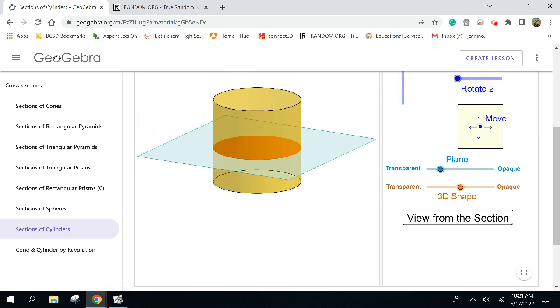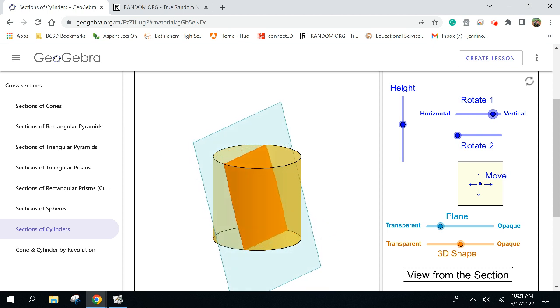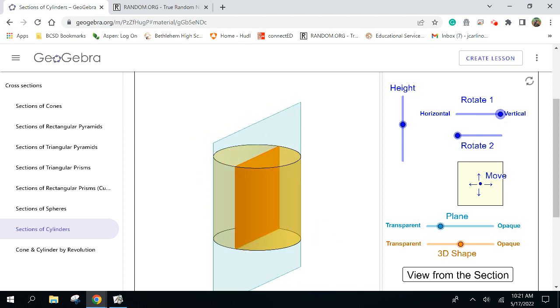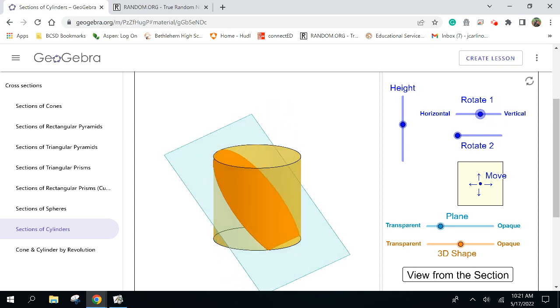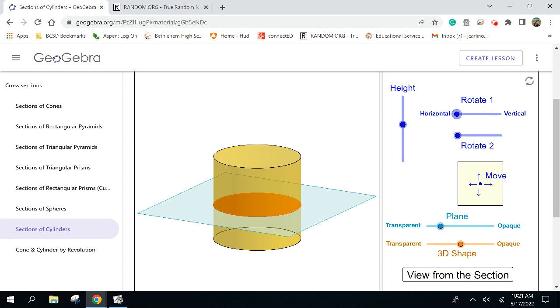There's that horizontal cut I was talking about, right? And now let me go the vertical cut. There's the rectangle. Okay, these are all called cross sections. And what do I get if I cut it diagonally? So it depends on how you cut it, what type of cross section I get.